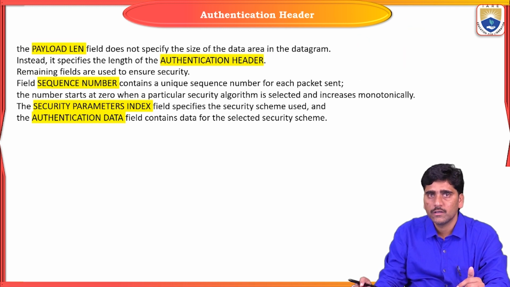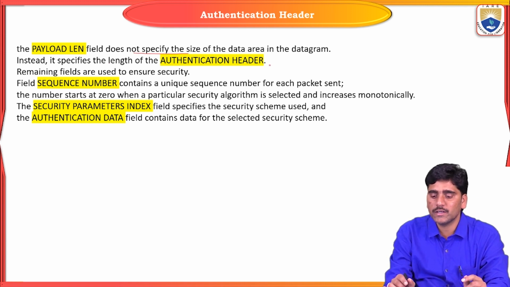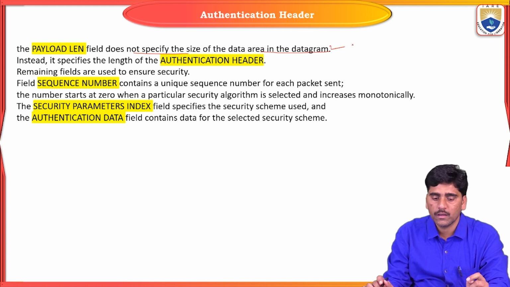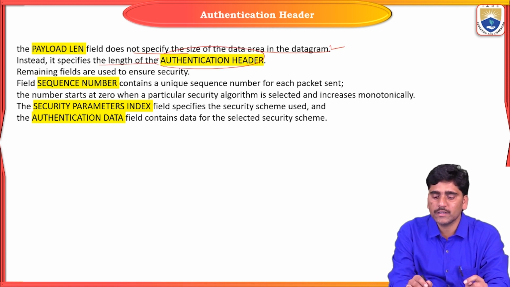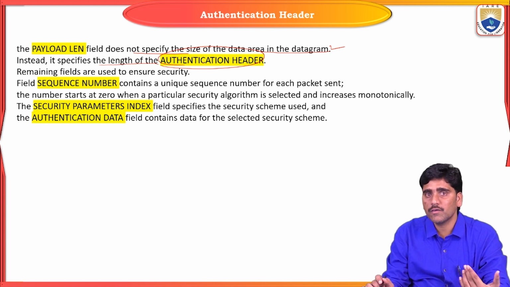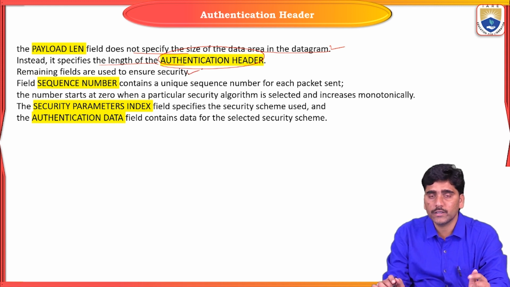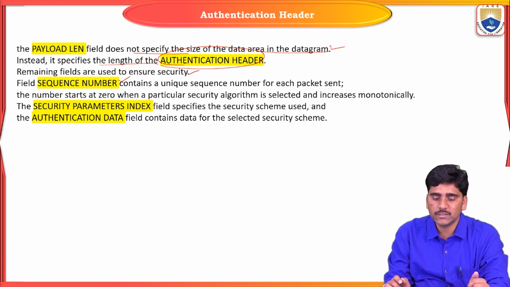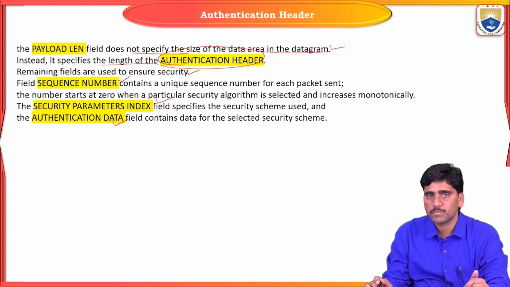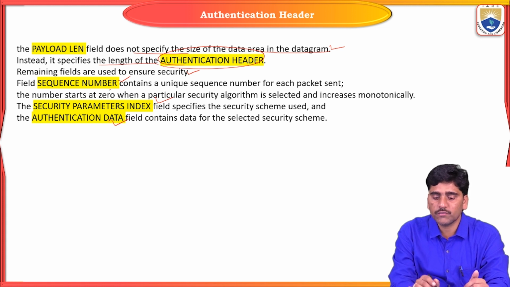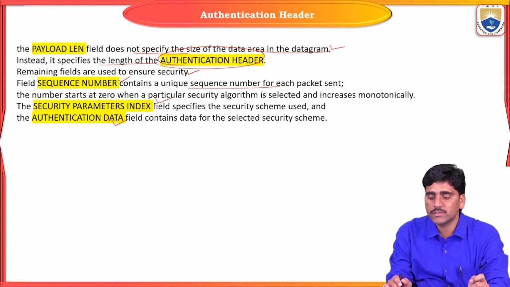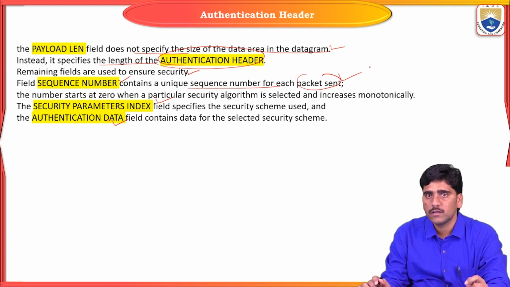Here the payload length field does not specify the size of the data area in the diagram. Instead, it specifies the length of the authentication header. The remaining fields are used to ensure security: sequence number, security parameters index, and authentication data. The sequence number contains a unique sequence number for each packet sent.